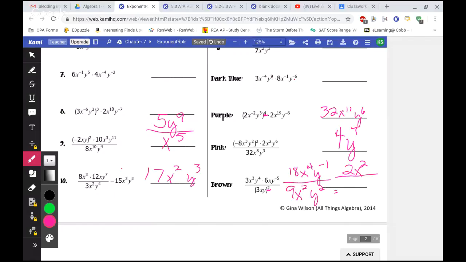So -1 minus 2 gives me what? -3. And when you combine the top and the bottom and the end result is negative, you put it in the denominator and leave off the negative. So my final answer is 2x squared over y cubed.